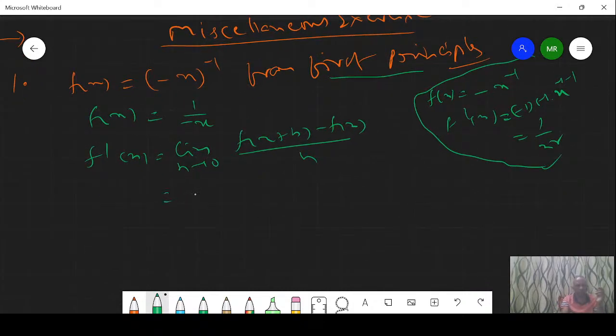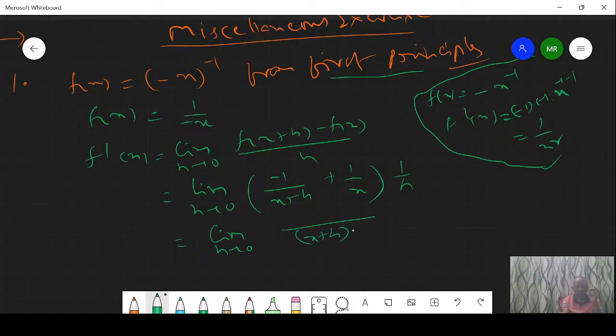So I can write limit h tends to 0, replace x by x plus h, minus 1 by x plus h, minus of minus 1 by x, into 1 by h. Now limit h tends to 0, you take LCM x plus h into x. This will be minus x plus x plus h, into 1 by h.